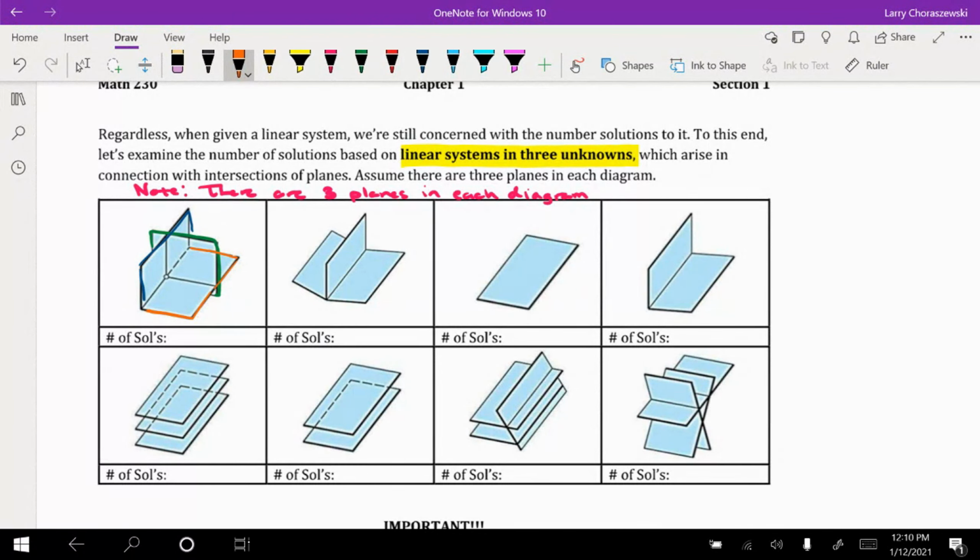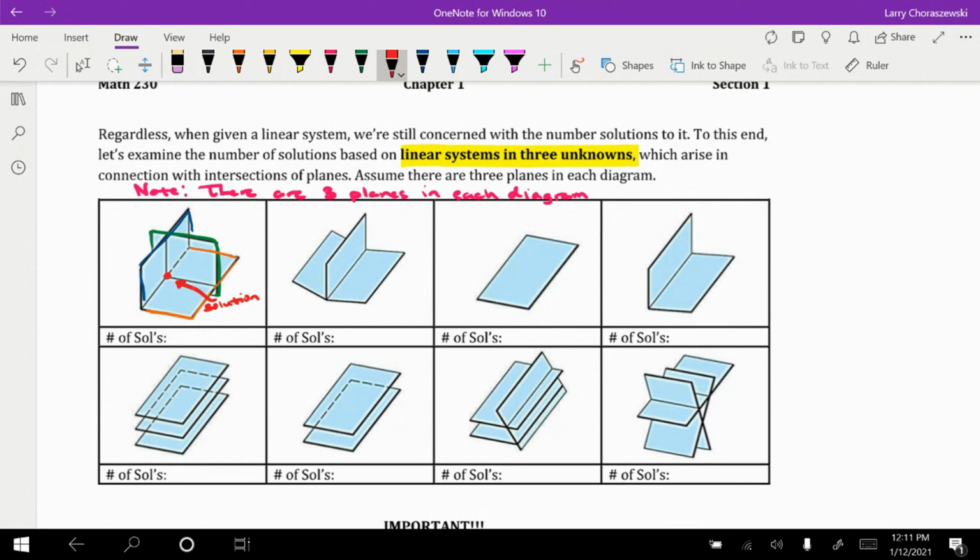Yes. Yep, definitely a point of intersection here, and maybe you might be spotting that point as being right here. Confirmation on that? Yep, that right there would represent a solution to the linear system with 3 equations and 3 unknowns.